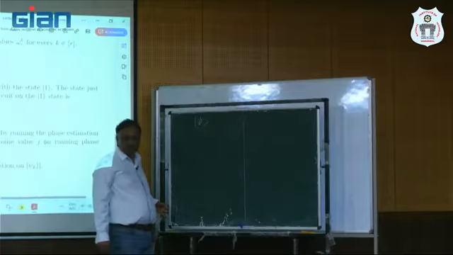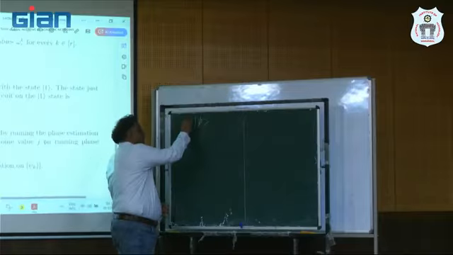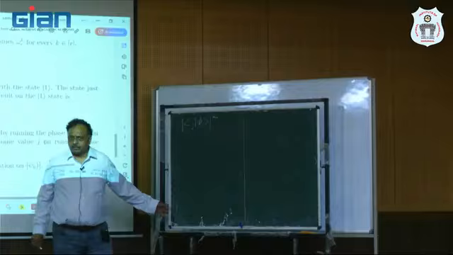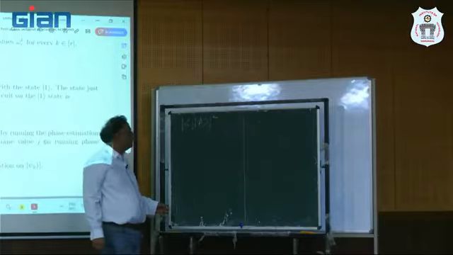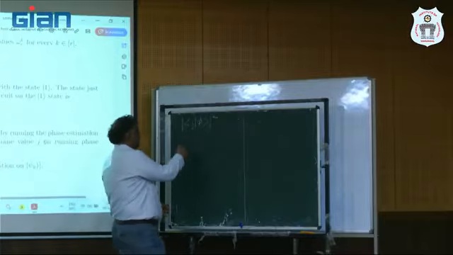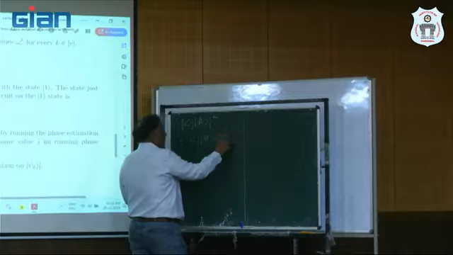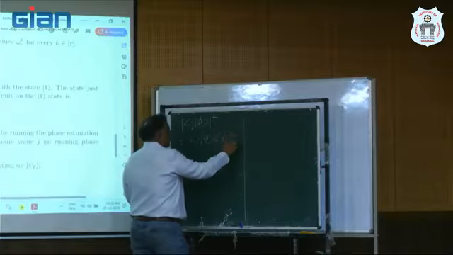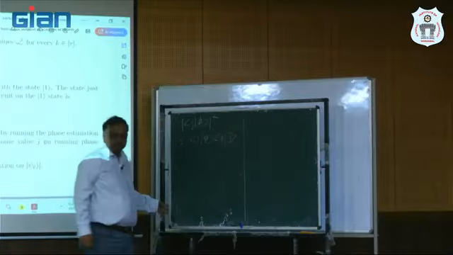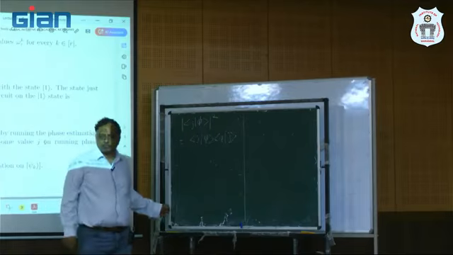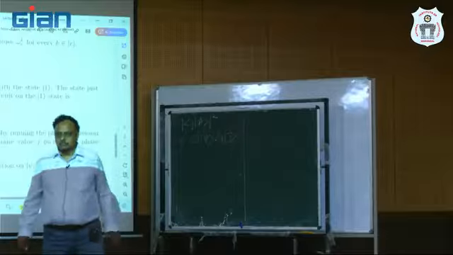Inner product, right? The inner product with j, mod squared, correct? What is this? Mod phi and its star, correct? Right? Yes? Correct.